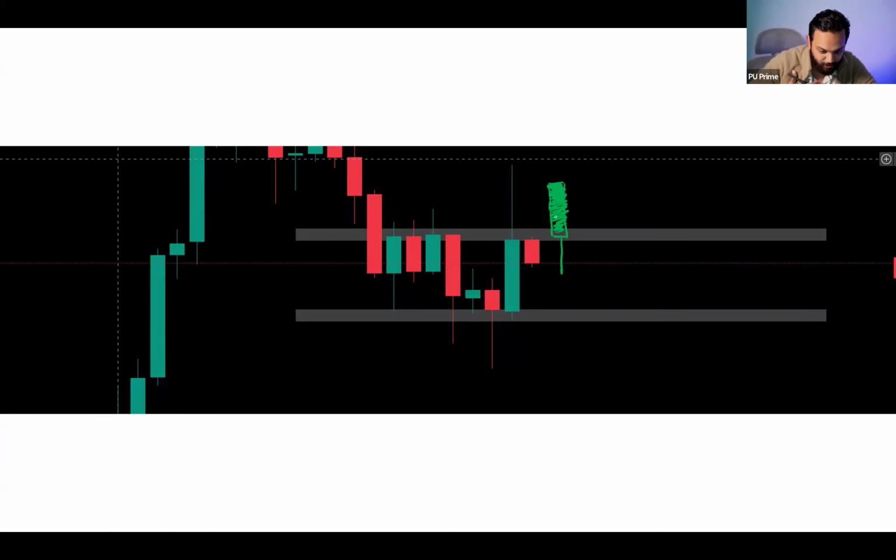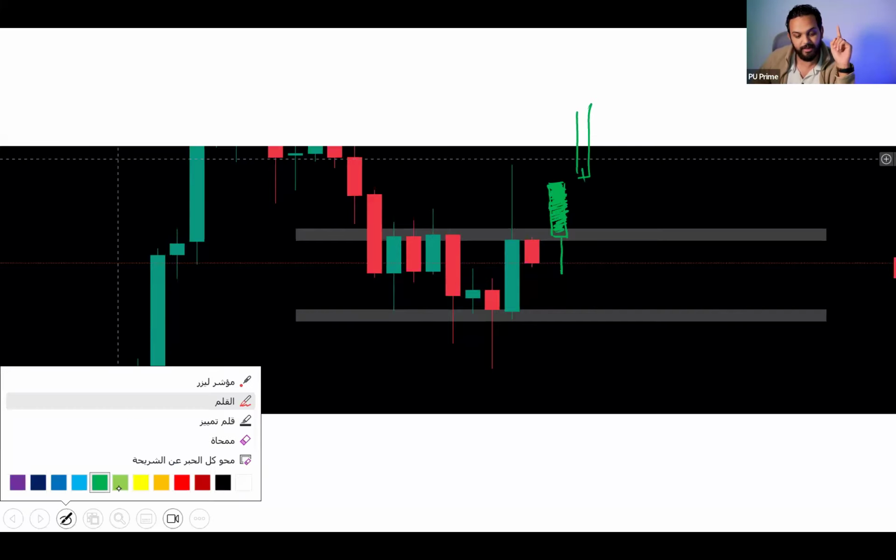Now, for me as a trader, I'm going to respect myself. Because I back tested and I saw a lot of candlesticks that close without a wick and the price started to flip, right? So what I will do, I'm not going into the trade, even though the price might continue to push higher. I prefer to miss this trade.